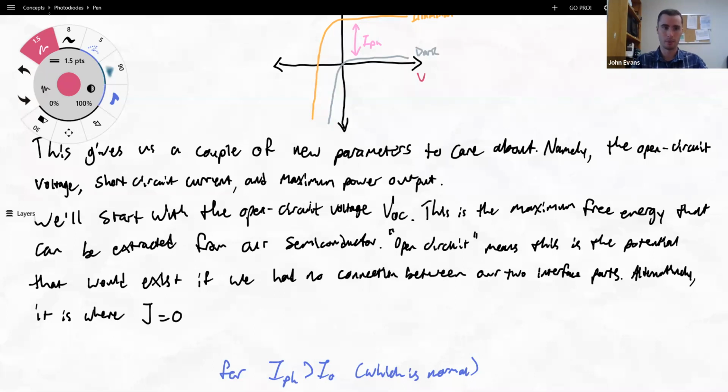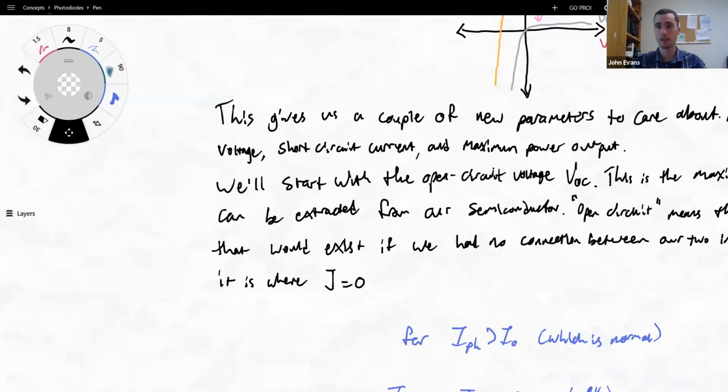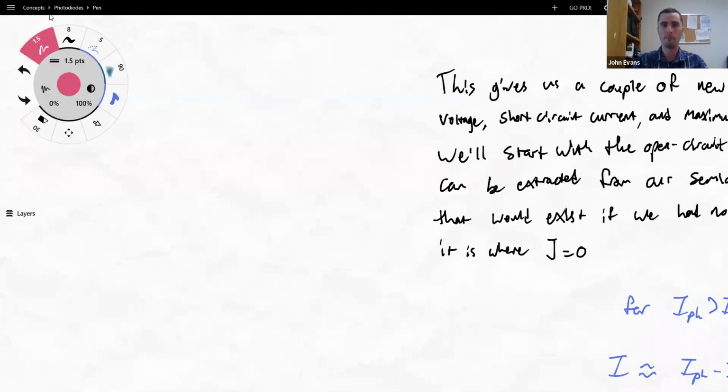So for example, if we were doing electronics, let's say I've got a battery here, and then I've got a switch, just like so.